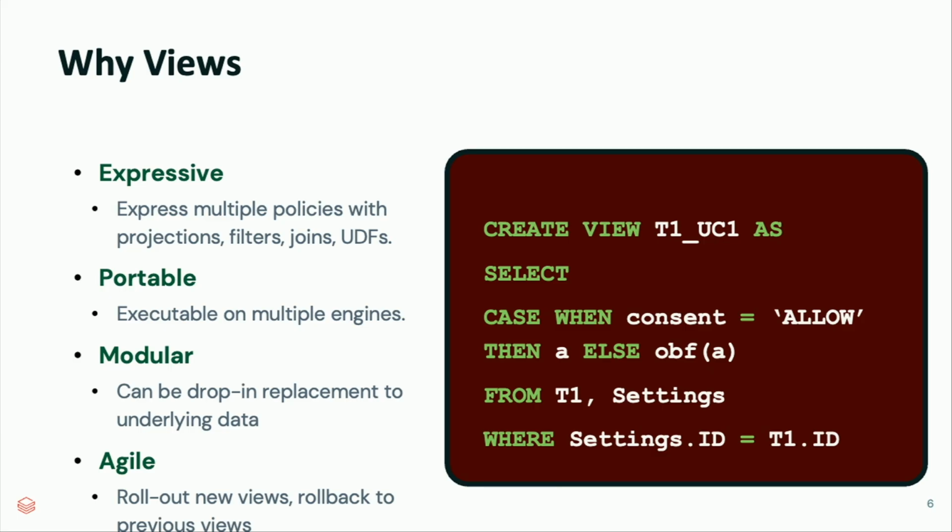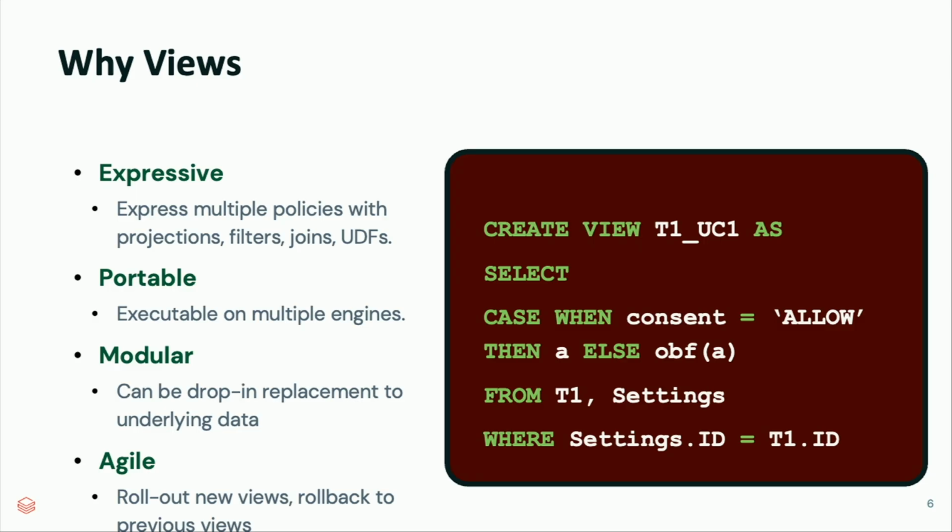Further, they are portable because we can define the view in one SQL dialect and then execute the view on multiple engines, even though they cannot understand that SQL dialect, through tools that can translate the SQL across dialects. And we can see a detail of that down the slides. They are also modular because they can be drop-in replacements for the tables that are intended to be filtered.